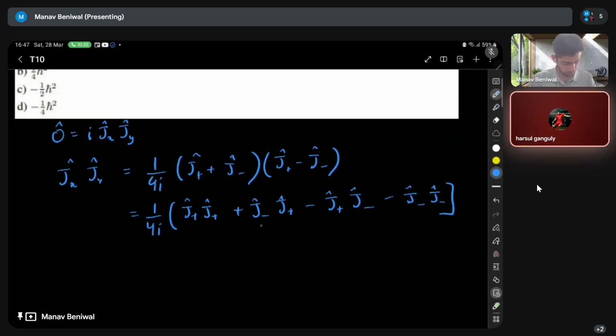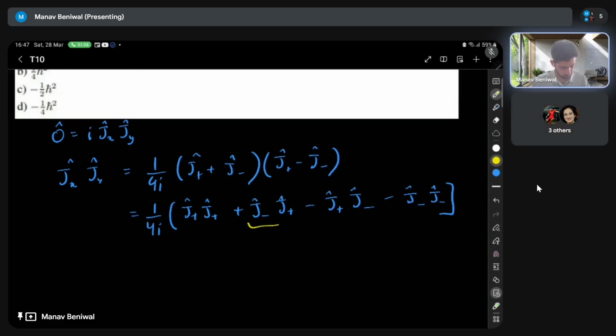So what is this? This is the commutator of J minus and J plus, correct?